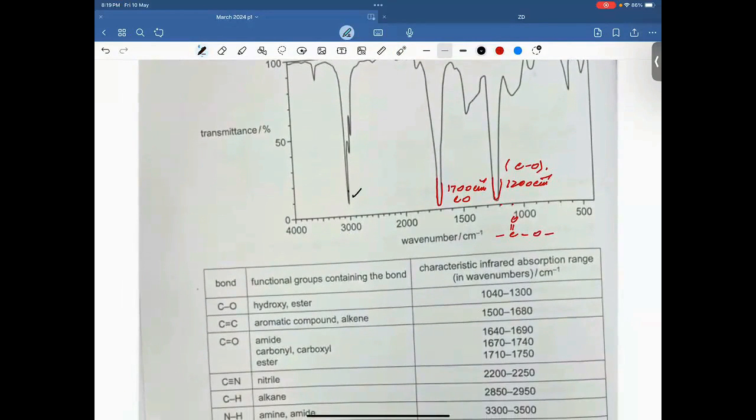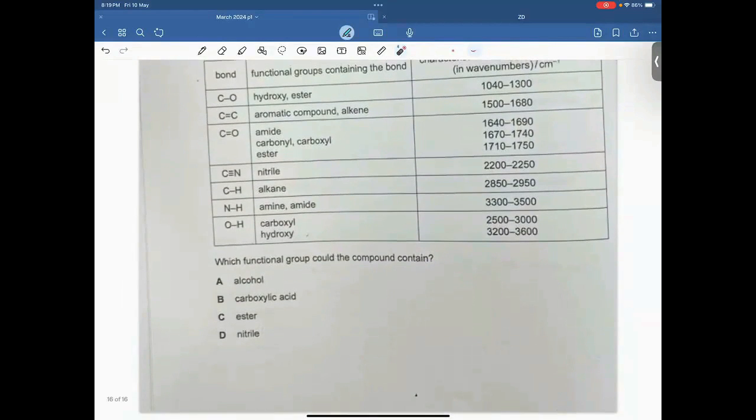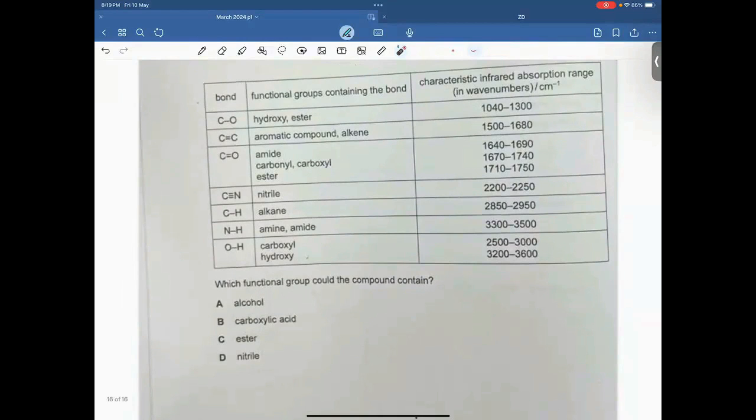This peak basically represents C-H because it appears at 3000 cm⁻¹. It's not a very broad peak, which means it's not carboxylic acid. So it's basically an ester because we have C-O and we have C=O. So the right answer is going to be C.